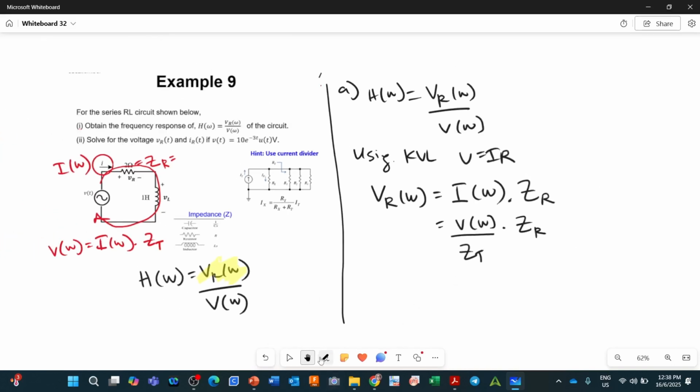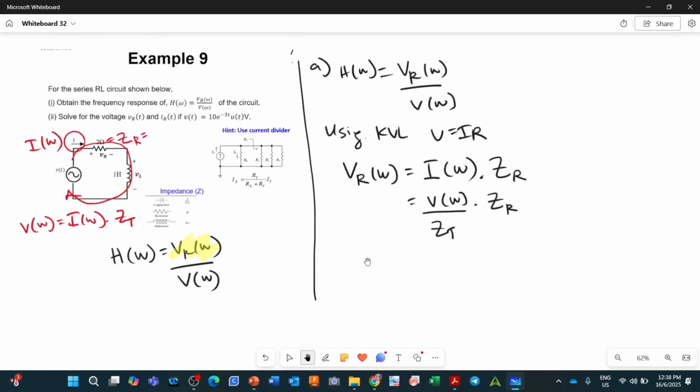ZT is Z total, meaning over the whole loop, one loop. Now we need to find first what is ZT in order for us to substitute the value. ZR is equal to 2.